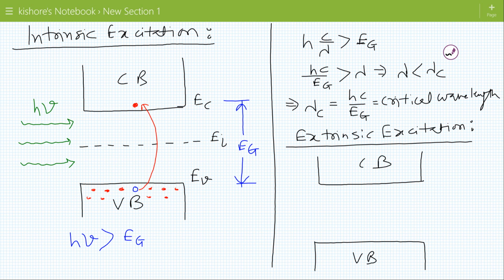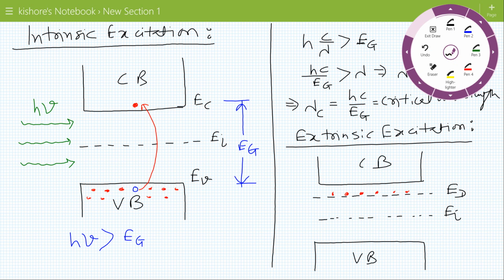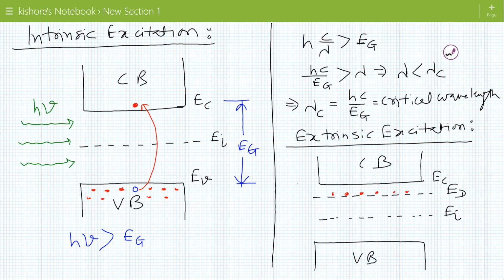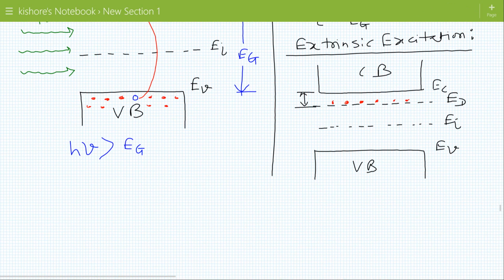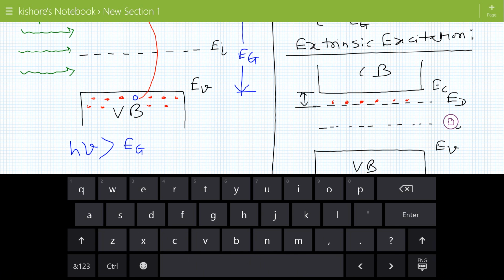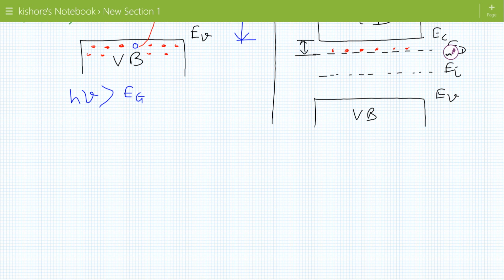In an n-type semiconductor, we have a donor energy level, and in the donor energy level we have excess free electrons, and the gap between EC and ED is very small. As we have seen, this gap is around 0.05 electron volts for silicon and 0.01 electron volts for germanium. This semiconductor is illuminated.